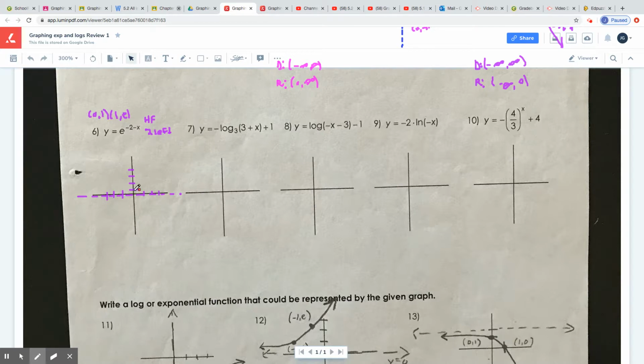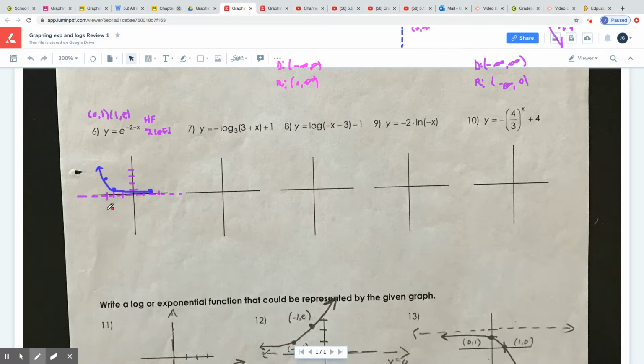Well, guess what? It stays exactly where it is, but it moves 2 to the left. So it's going to be at -2, 1. 1, e is right around here. Horizontal flip moves it to -1, e. A 2 to the left puts it at -3, e. All right, so it looks something like that.